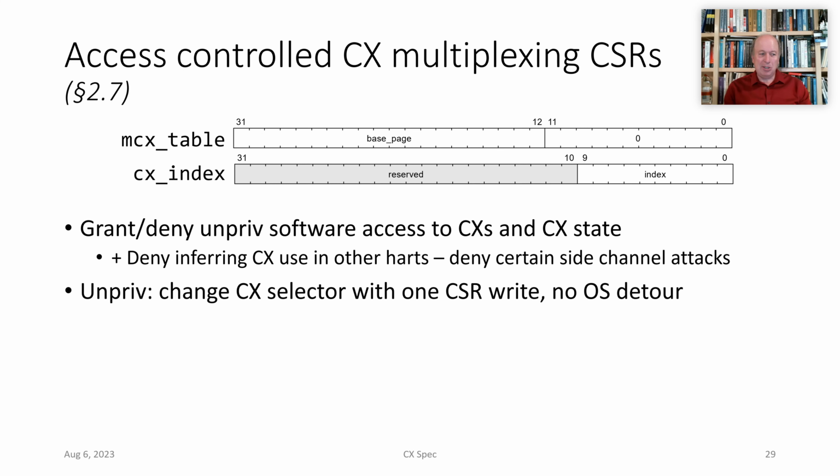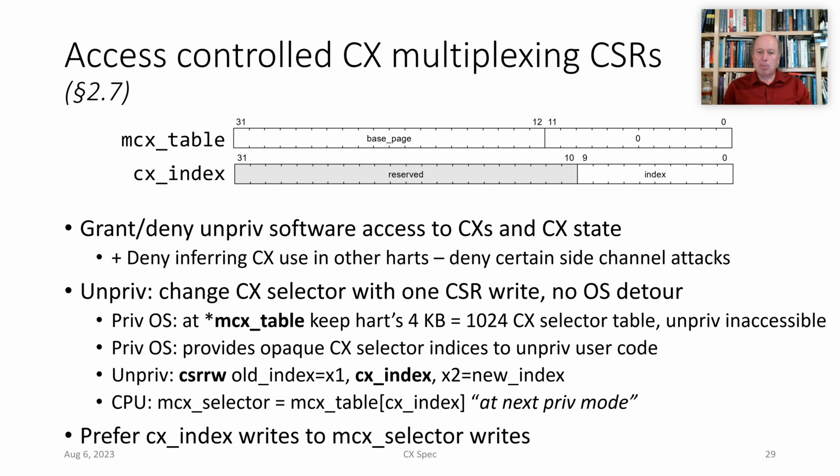The privileged operating system creates for each hart a 4 kilobyte table of 1024 valid CX selectors. It maps the table inaccessible to unprivileged code and writes the table address to the MCX table CSR. The privileged OS then manages table entries and returns opaque table indices to unprivileged code.